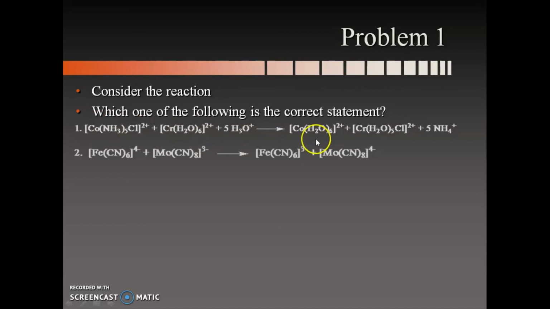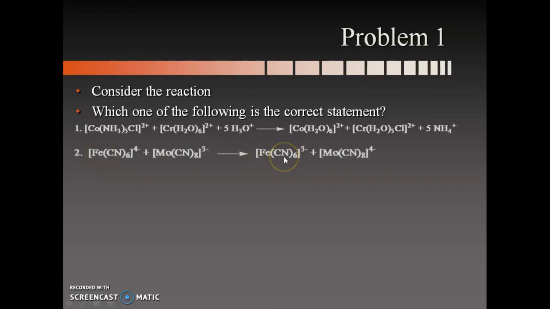Then the second equation here is the cyano complex of iron and the cyano complex of molybdenum. Here the iron complex is in 2+ oxidation state, and it goes to 3+, it is oxidized, whereas the molybdenum cyano complex is reduced.